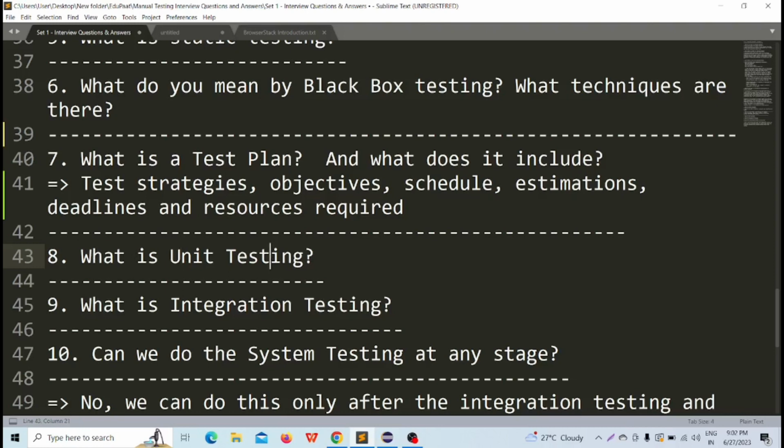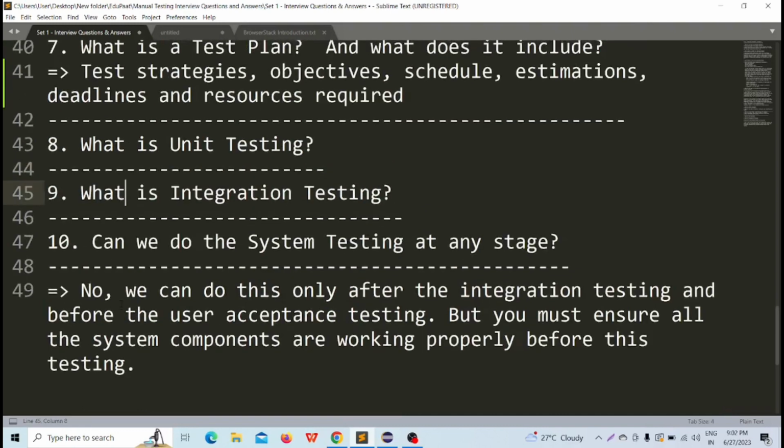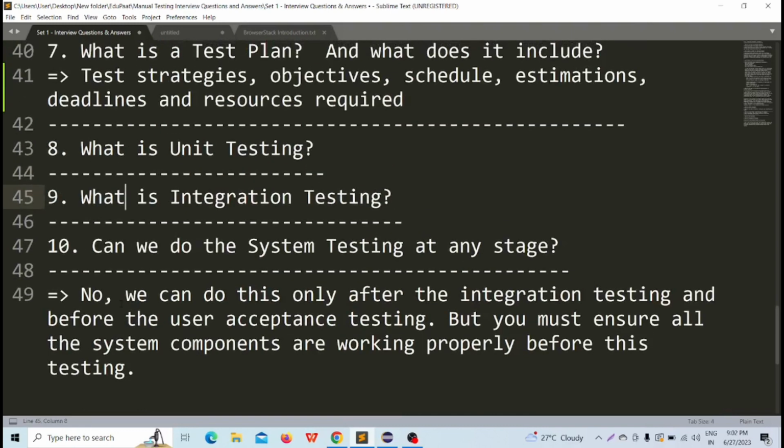Now, what is integration testing? It's also a type of software testing. In integration testing, we are integrating our unit tested modules and testing them all together.